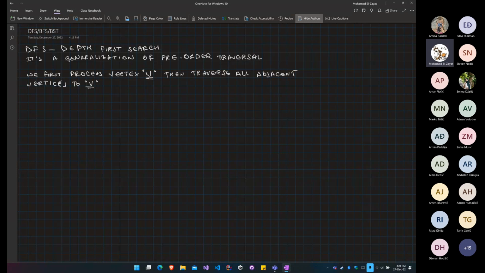So practically speaking, you are not allowed to go elsewhere unless you grab the vertex and then you have multiple vertices and then you have more vertices. You grab one, you visit it, then you go there and visit it, and then you go there and visit it, right? You are not allowed to go anywhere else unless you are done with the whole in-depth search.